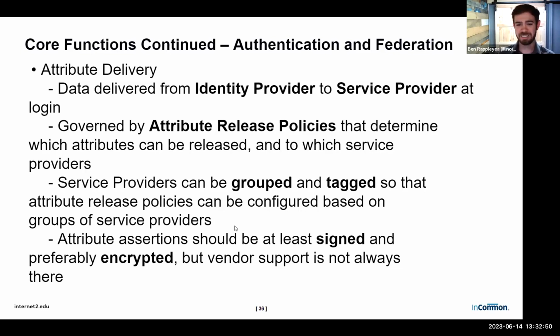Attribute release policies control what attributes are allowed to be released and to whom. Service providers can also be grouped and tagged, allowing the release policies that govern them to know how to handle the data.